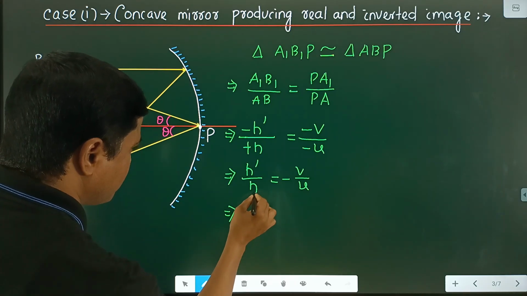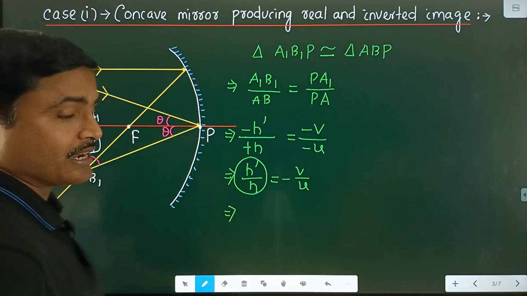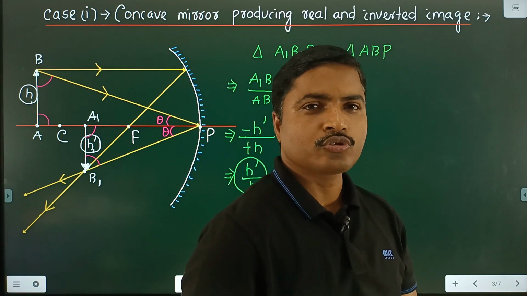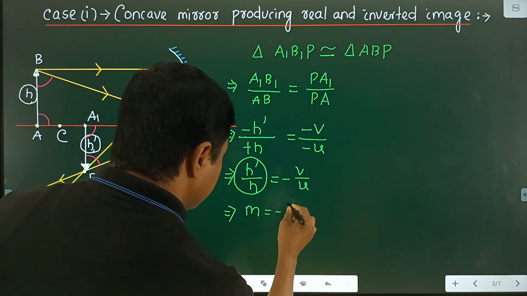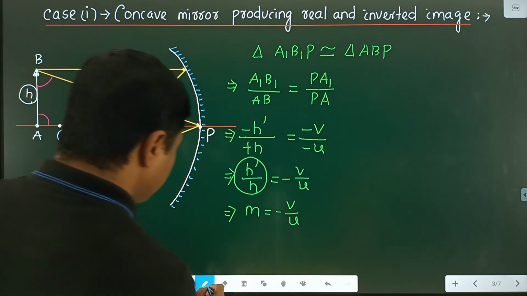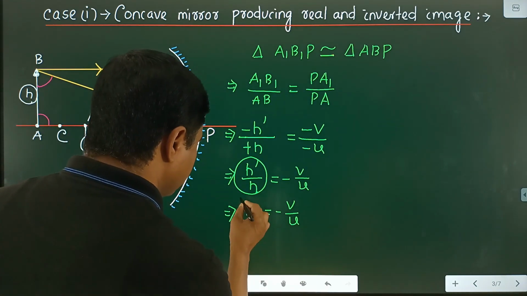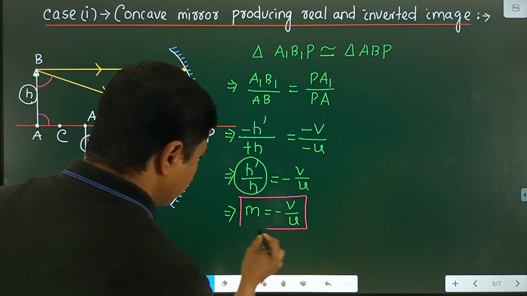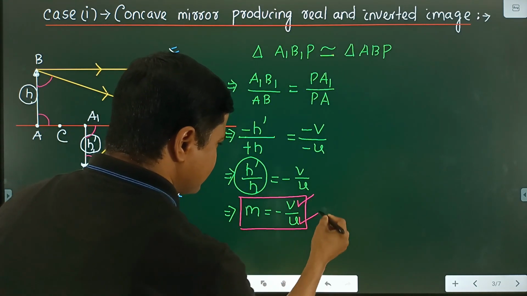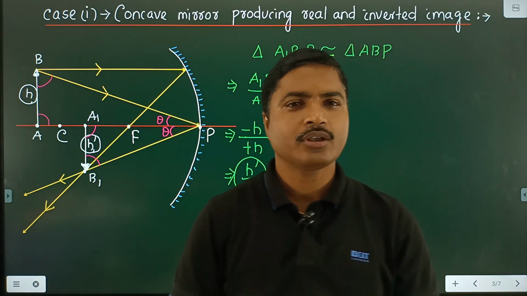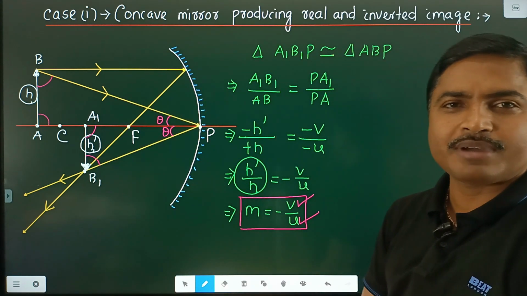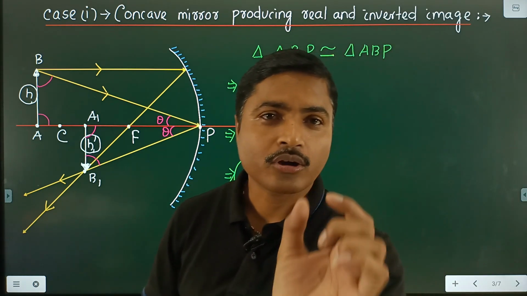That implies h prime by h is the magnification. So we write m is equal to minus V by U. This is the expression for linear magnification in terms of image distance and object distance. Clear? Similarly, we will derive the expression for linear magnification in the case of a convex mirror.